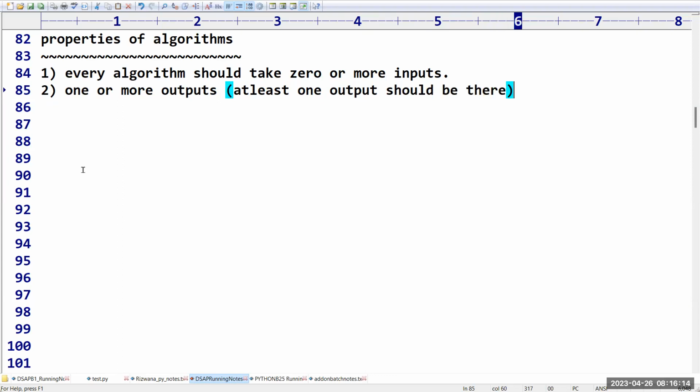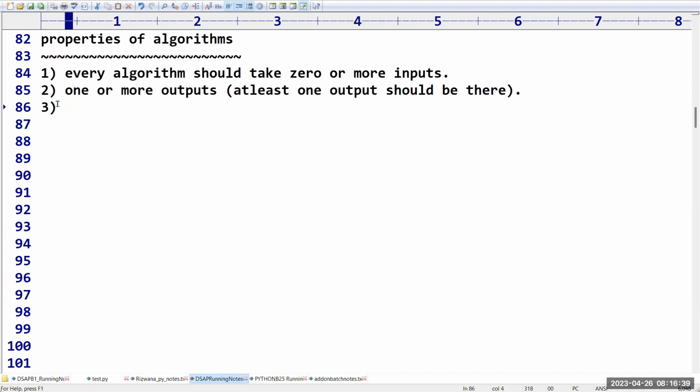Because we are writing an algorithm for solving a particular problem, if you are solving a problem, definitely a solution will be there. That's why every algorithm should take zero or more inputs, but at least one output should be produced by the algorithm. Compulsory, that is mandatory.